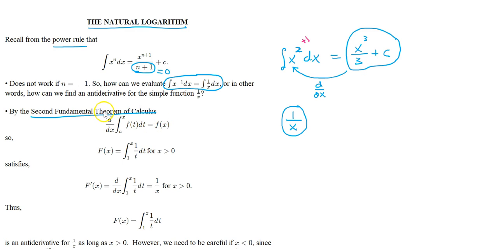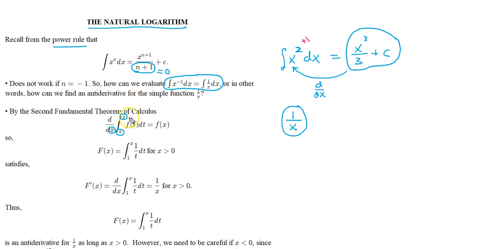Now, you have to recall that when we apply the second fundamental theorem here, what's in the lower limit of integration has to be a constant. So this must be a constant right here. And then we have our x right here, and that has to match with what we're differentiating right here. If they don't match, for example, if this were an x squared, then we would have to use the chain rule.